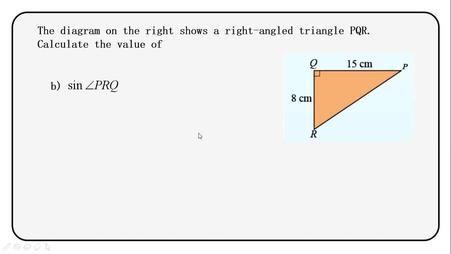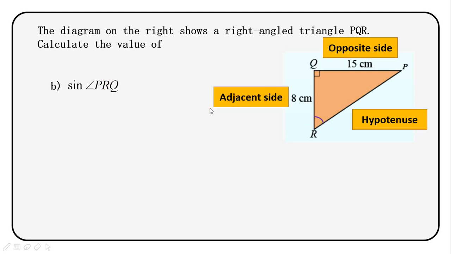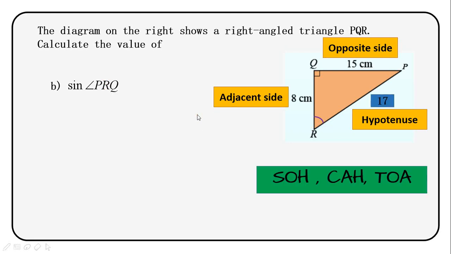For B, sine angle PRQ. So let's look at angle R. So identify the hypotenuse, the opposite side and the adjacent side. So remember the formula. To find sine is opposite over hypotenuse.